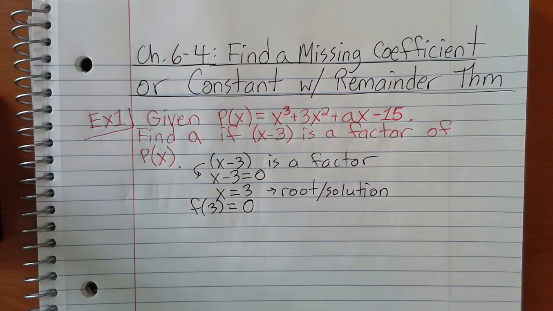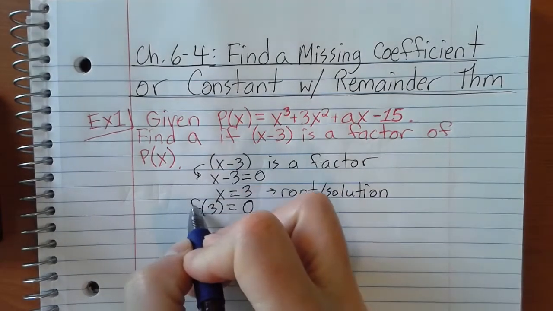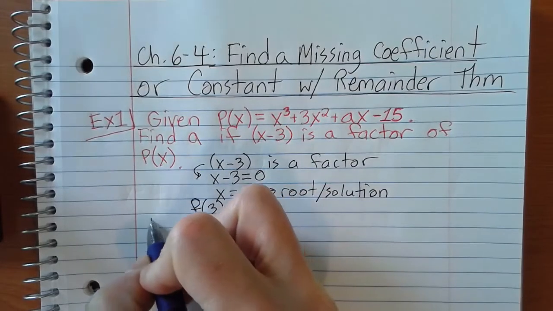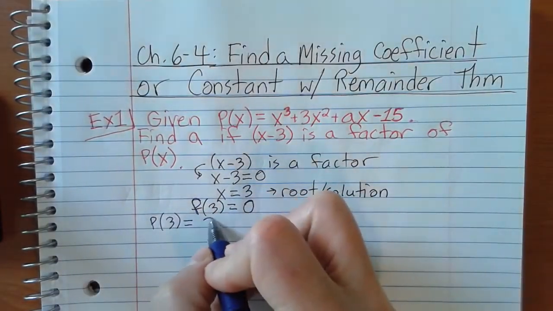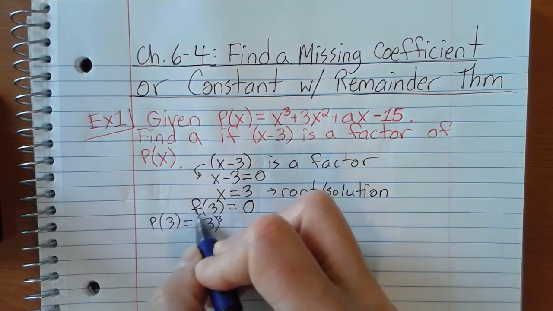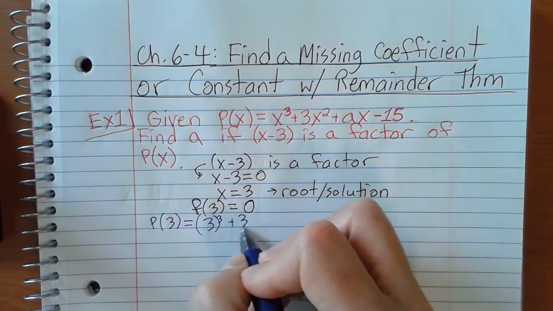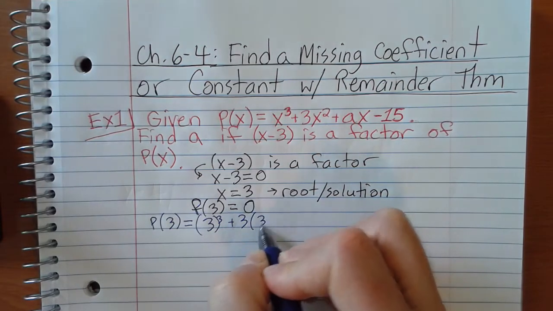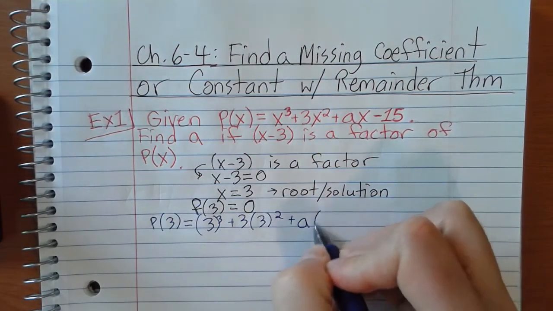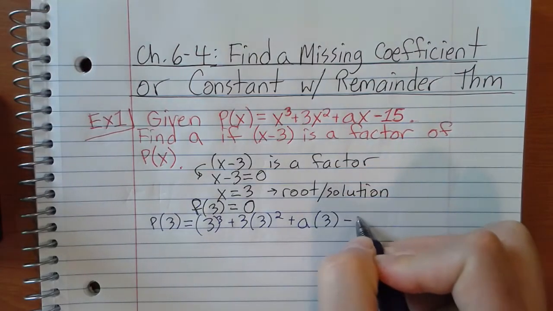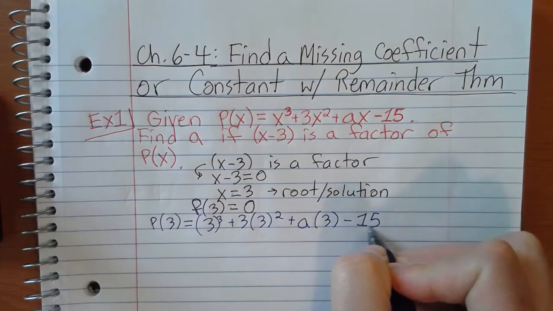So what I can do with that information is, by looking at the problem, I can just put a 3 into p. So p of 3 in this problem would be 3 cubed plus 3 times 3 squared plus a times 3 minus 15.